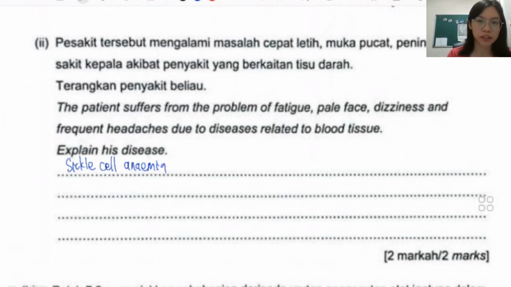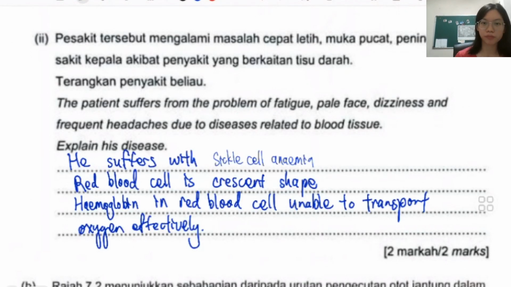Since the hemoglobin form is abnormal due to a base substitution issue, that's the reason why it is unable to perform its function effectively in the transportation of oxygen. So you can mention all these things.